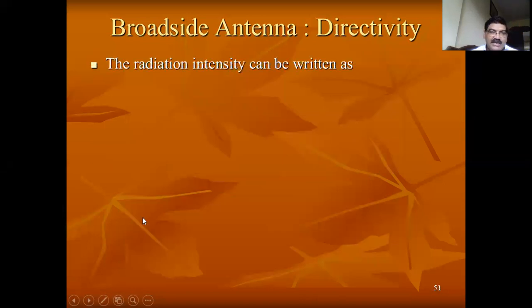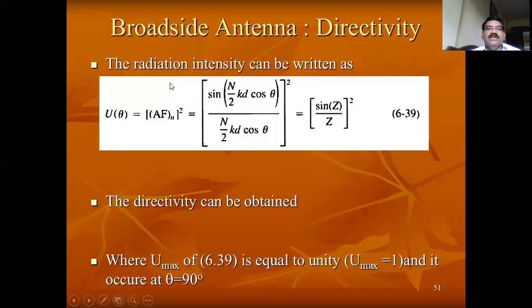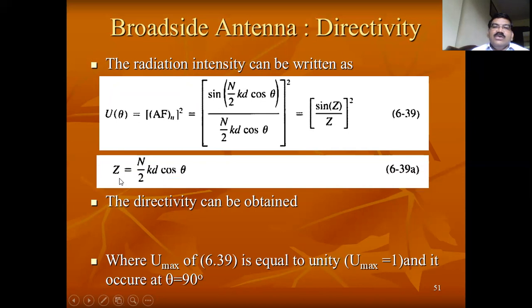So for the broadside antenna, the radiation intensity can be written with this formula, that is the square of the array factor. You just put it in and you will get sin z by z, where z equals n upon 2 k d cos theta.